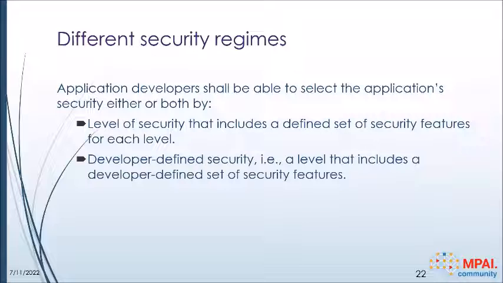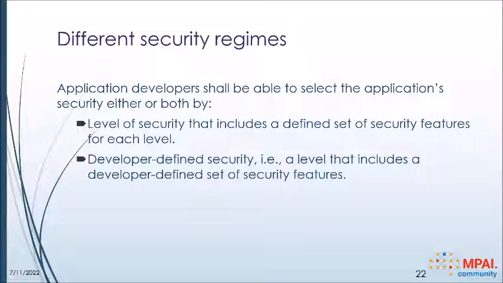So we wanted to offer, in addition to levels of security, which is what probably will be there in the medium to long term, also the possibility of defining what we call a security regime, in which the developer may pick and choose different combinations of security for some components, because maybe it is not needed, or maybe the model that is used is an open source or public model, so there's no reason for protecting it.